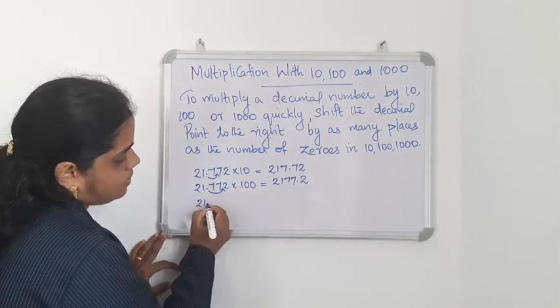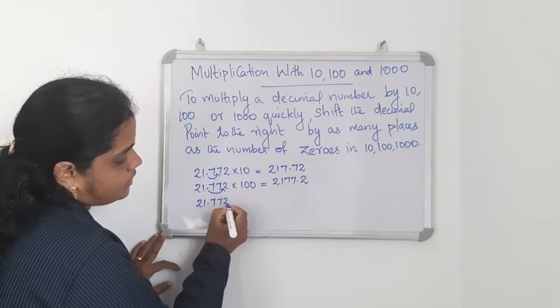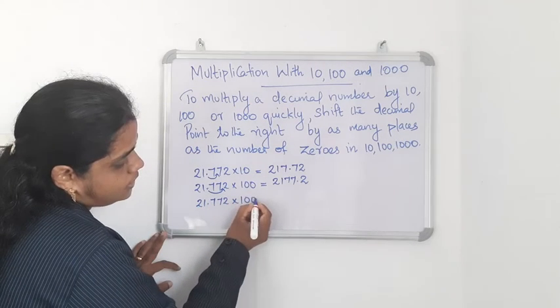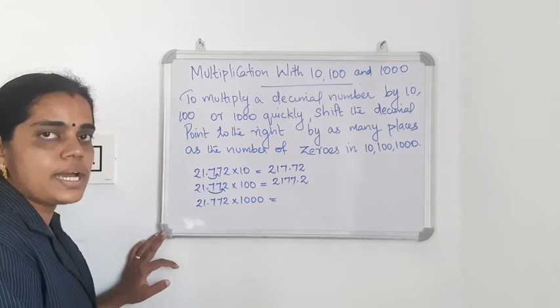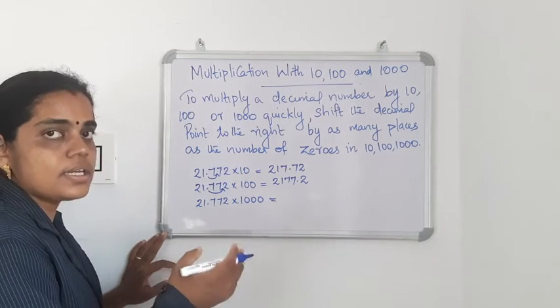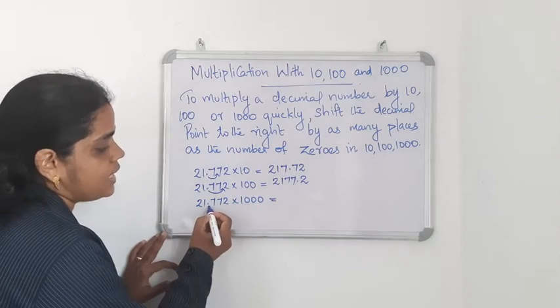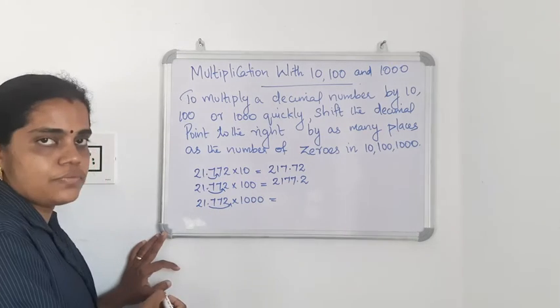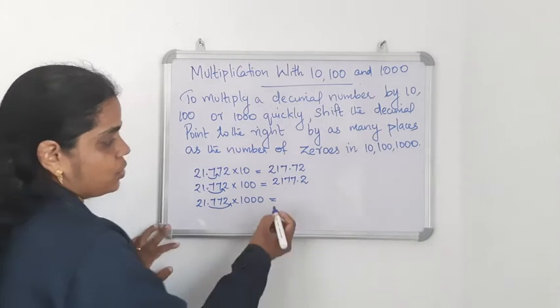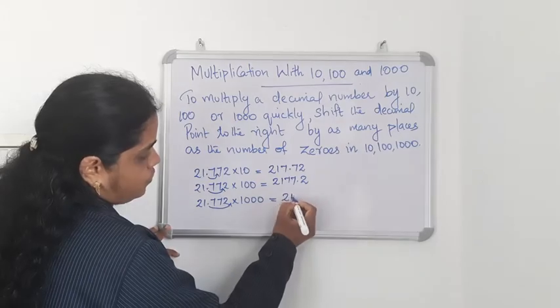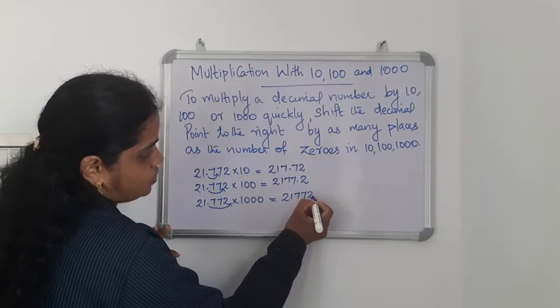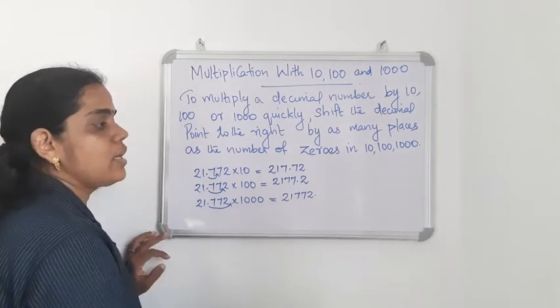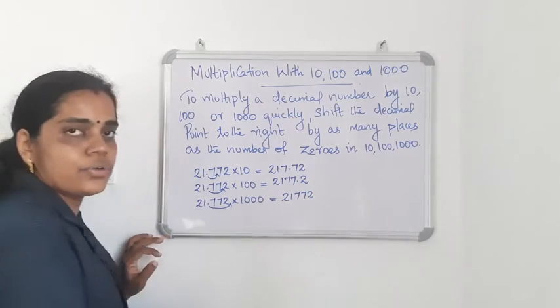If the same number 21.772 into 1000, so what will be the answer? 3 zeros are there. So 3 digits we need to shift the decimal. So the answer is 21772. Actually here the point comes at the last, but we don't want to use the point.